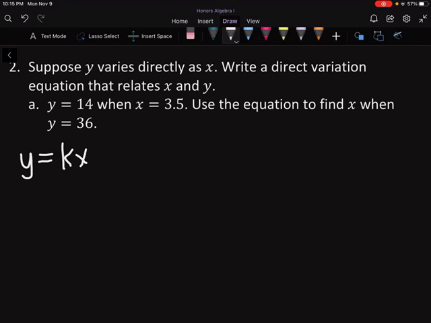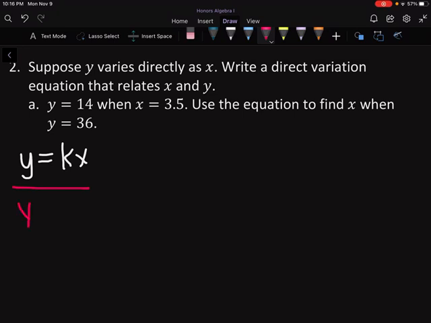And so we're going to write a variation equation that relates these two variables, x and y. So here they say when y is equal to 14 and when x is equal to 3.5, use the equation to find x when y is equal to 36. So I have to solve for my k first.